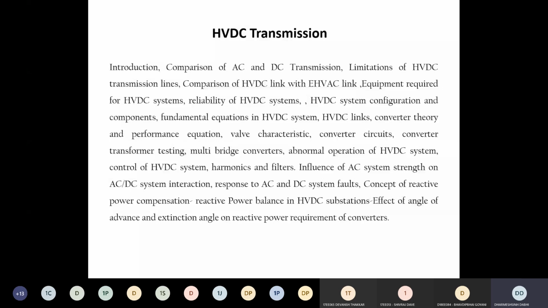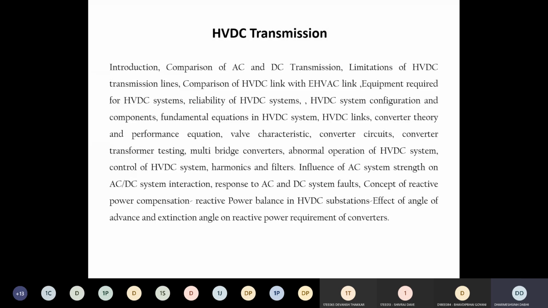Then abnormal operation of the HVDC system. What abnormal operations happen in an HVDC system, and how can we control the system to mitigate this abnormal operation? Then, as we know, whenever any electronic circuit operates, harmonics also appear. So in an HVDC line we require filters on both sides, the DC line as well as the AC side.